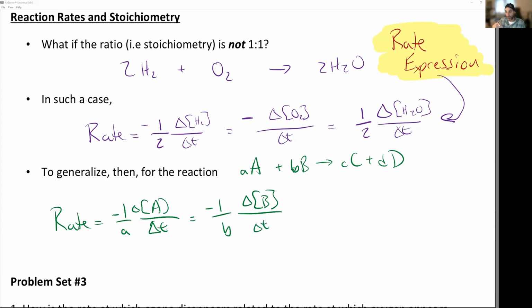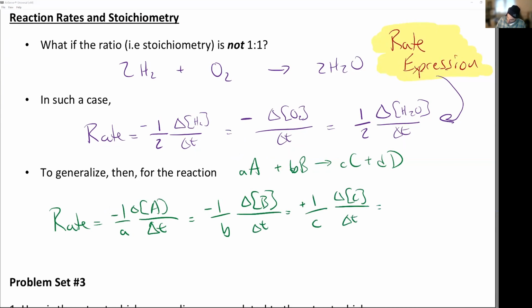So again, the 1 over the coefficient, the negative sign because I'm losing A, and same thing for B. We take a look at C, 1 over c, change in concentration of C over change in time, is equal to plus 1 over d, change in concentration of D over time.